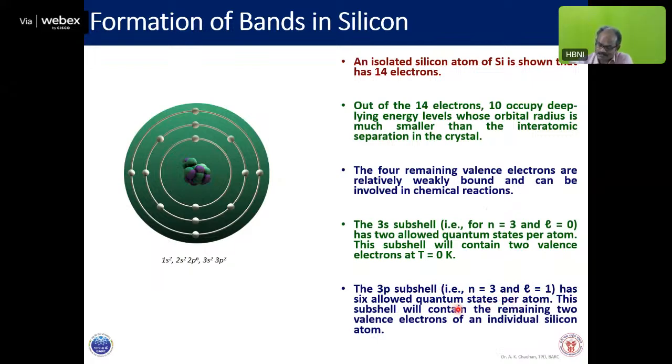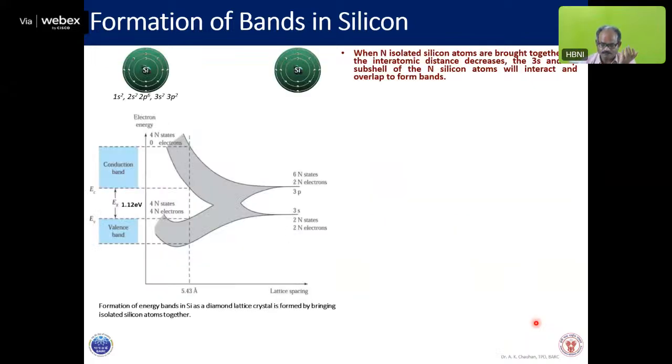It will have 6 quantum states. So in this outer orbit you have 4 electrons, but how many quantum states do you have? You have 2 plus 6. So you actually have 4 electrons, but you have 8 quantum states.